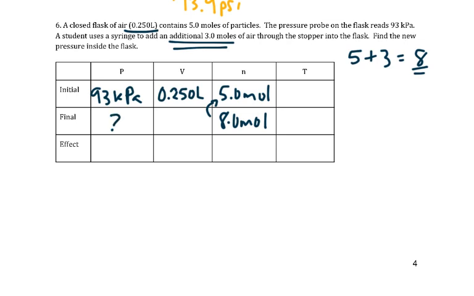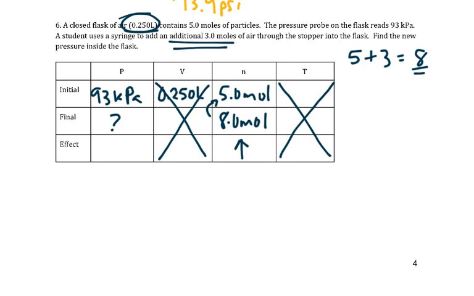If you notice in this problem, it gave you the volume of the container, but it didn't mention it again. It didn't mention that it was changing. So in reality, it was just extra information, and volume is just held constant, just like the temperature. Okay, so from there we'll fill in our effect arrows. With the amount, we know that we added particles, so we should see an increase.